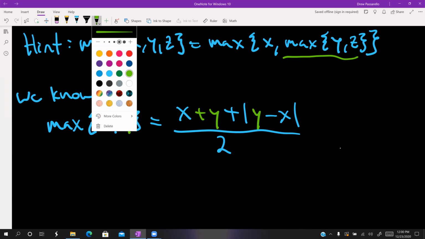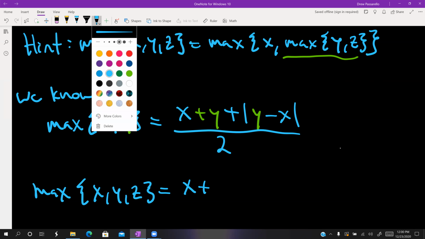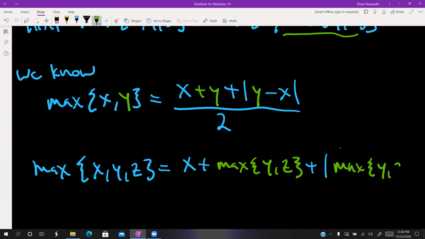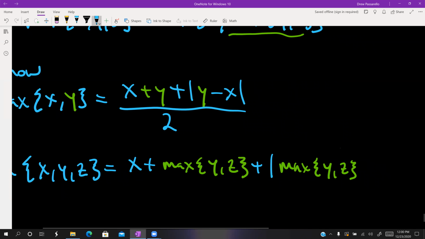And so we get the max of x, y, and z will be equal to x plus the max of y and z, plus the absolute value of the max of y and z minus x, and then divided by 2.